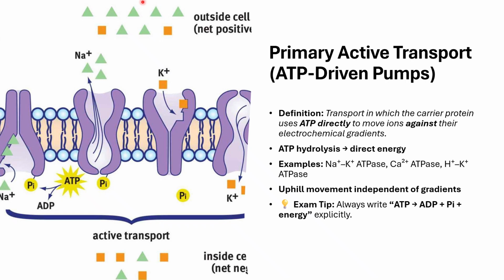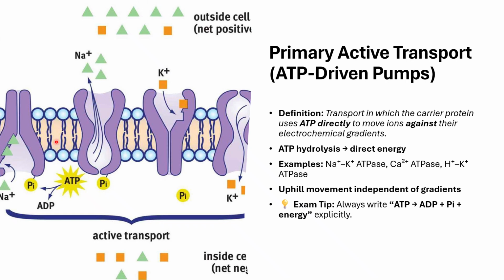This energy drives a conformational shift that forces ions uphill, regardless of how steep the gradient is. That direct coupling is what makes the process primary.